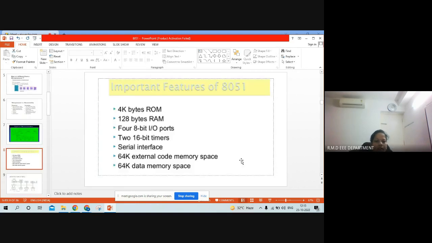Next, coming to the important features of the 8051, it has 4K bytes of ROM and 128 bytes of RAM. It has four inbuilt 8-bit I/O ports along with two 16-bit timers. It also has 64K of external code memory space and 64K of data memory space, and an interface for serial communication.